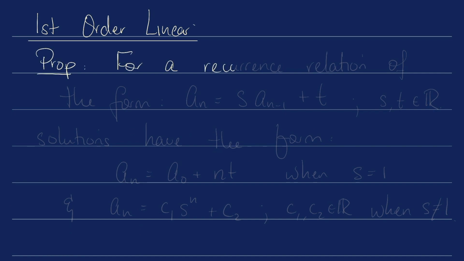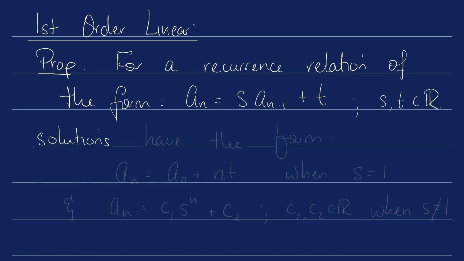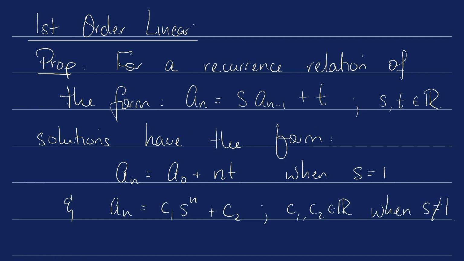For a recurrence relation of the form a_n = s a_{n-1} + t, where s and t are real numbers, solutions will have the form a_n = a_0 + n t when s = 1, and a_n = c1 s^n + c2, where c1 and c2 are real numbers, whenever s is not equal to 1.